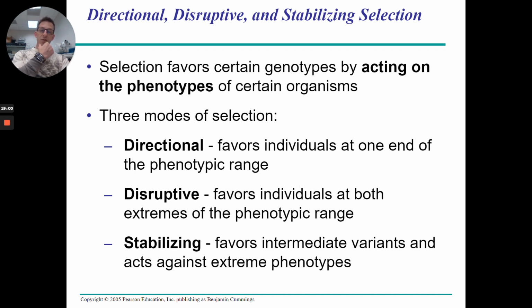Directional selection favors individuals at one end of a phenotypic range. Disruptive selection favors individuals at two extremes of a phenotypic range.